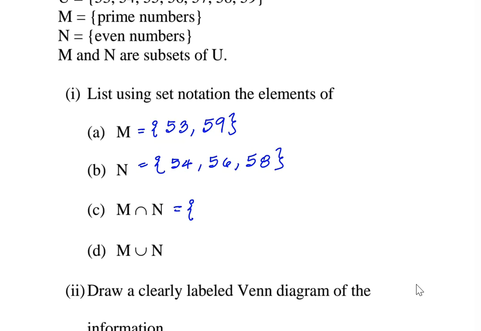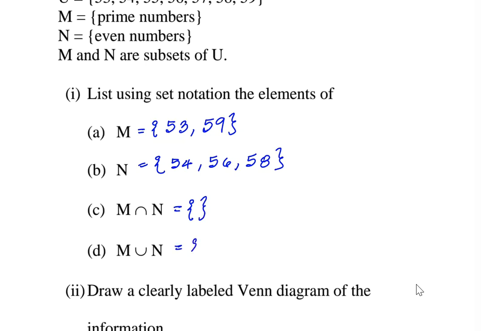If an element is common to M and N, that element would be in both M and N. And since there are no elements which are common, M intersect N is a null set. And since M intersect N is a null set, M and N are disjoint sets.